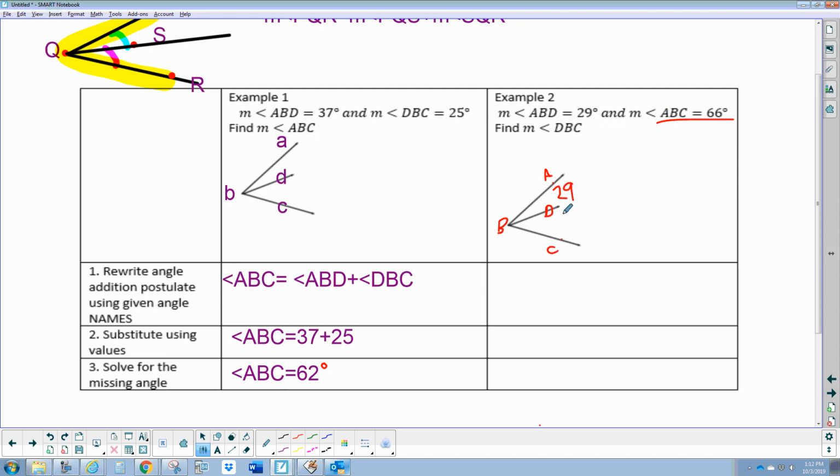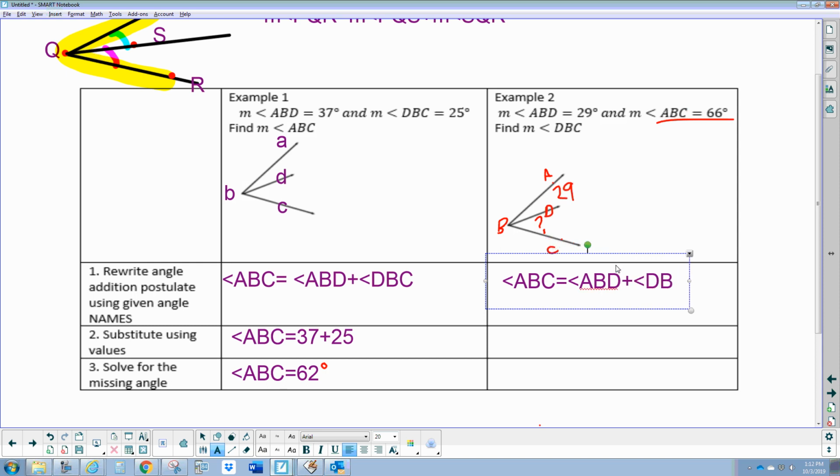We're looking for the measure of angle DBC, which we don't know, so I'll just put a question mark there. We're going to rewrite using the angle addition postulate to start. So our postulate doesn't change. Still the larger angle, ABC, is equal to the sum of the two smaller angles, which is ABD plus angle DBC.